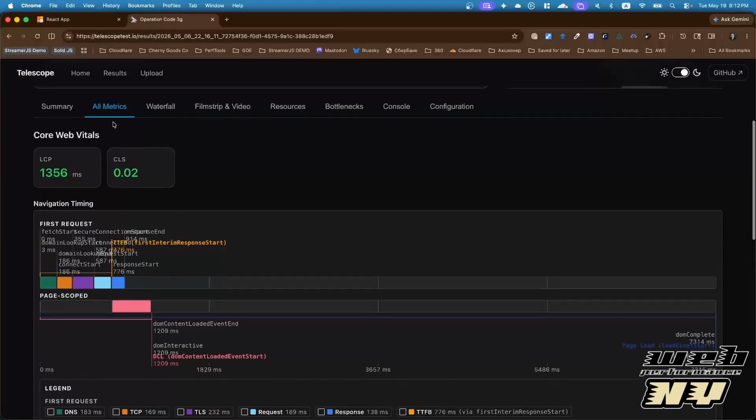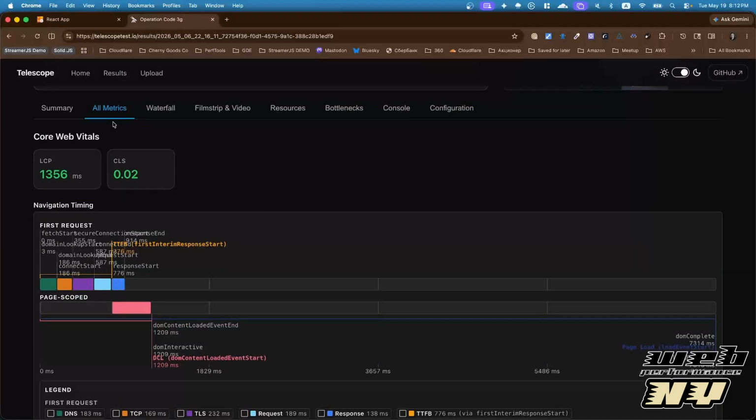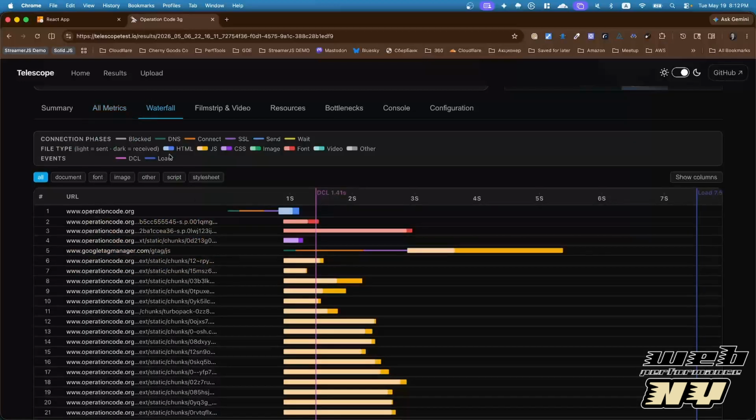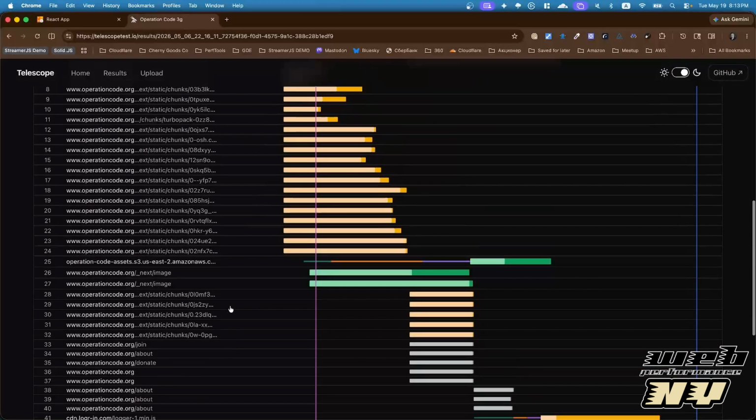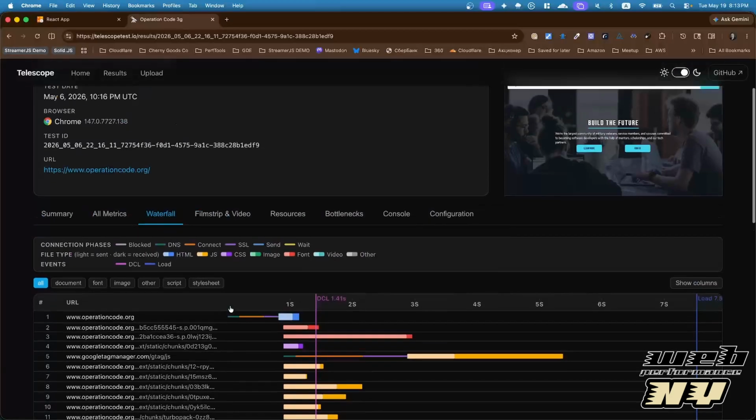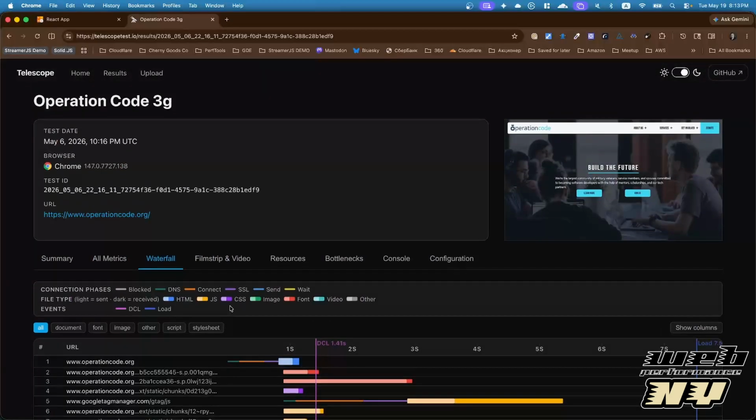I want to make it a little better looking because right now it's a little overlapping, but ultimately the idea was to give you the depth if you wanted it. Waterfall chart, this is what we usually capture and measure and discuss at Meet for Speed sessions. Why did this JavaScript load here and not here? Why is there so much JavaScript to begin with? All of those kinds of things.